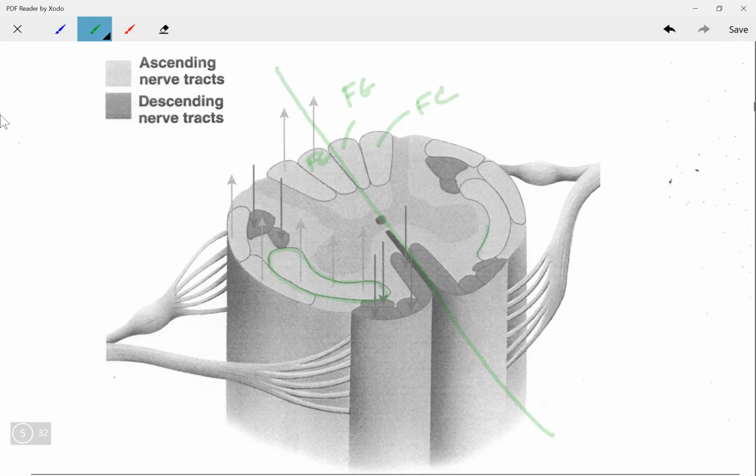Now we're going to look at this ascending tract. It is on both sides. Everything that we're doing on the cord here is always bilateral, but just so it's not so busy, we're just going to name the one side. So we're just going to look at this one for right now, even though it is found on both sides.